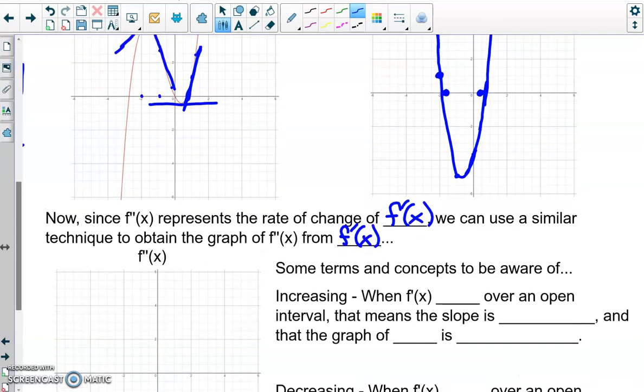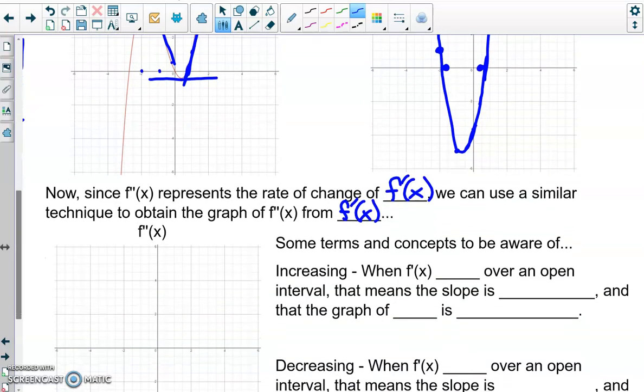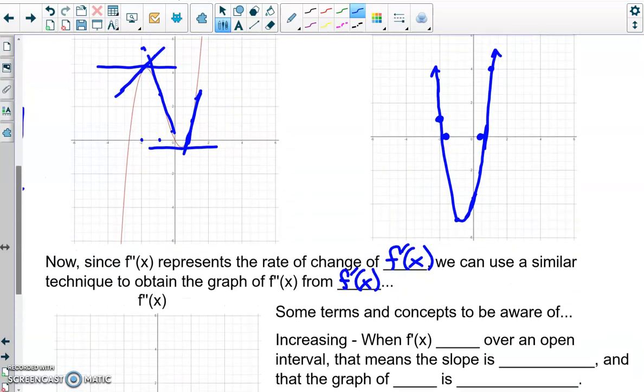So it's basically the same process where I look at my f prime now, find some slopes at different points, and get my f double prime graph built from that. So just like I did before, I'm going to look where would it be a zero slope. And here looks like I got one right there at roughly, let's call that just a little short of -1.